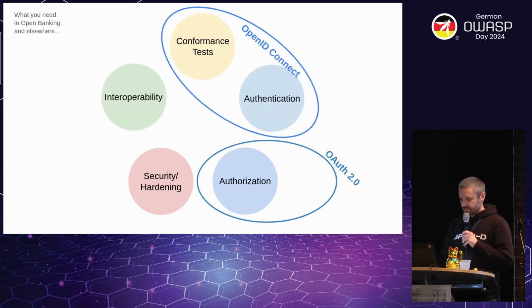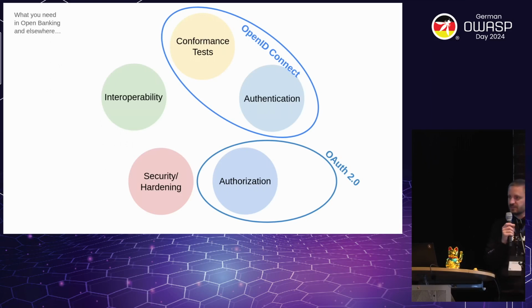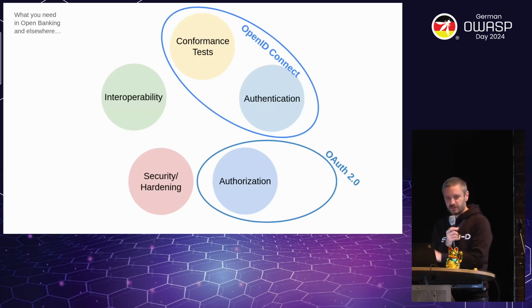And the nice thing is that OpenID Connect comes with something called conformance tests. This is a test by the OpenID Foundation that you can run online with your implementation, with your library. It checks your implementation for interoperability and security problems, which is extremely useful because it takes your library from being a single-use library to one that is really interoperable with other things, that's really following the standard, and that's not publishing your private keys in a publicly accessible URL.